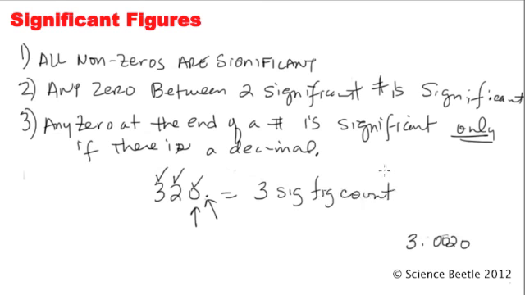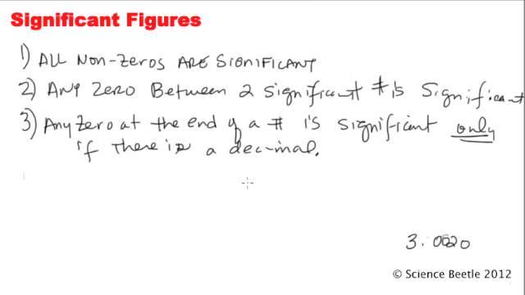Okay, and so having said that, let's look at the last of the 4 rules. Rule number 4 identifies any numbers that are at the very beginning of a number.